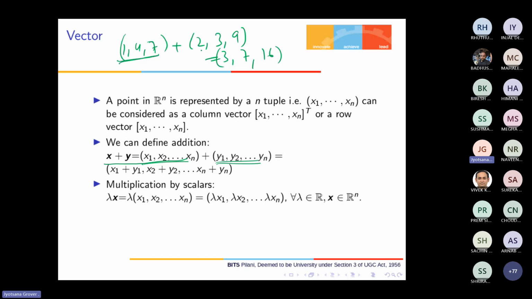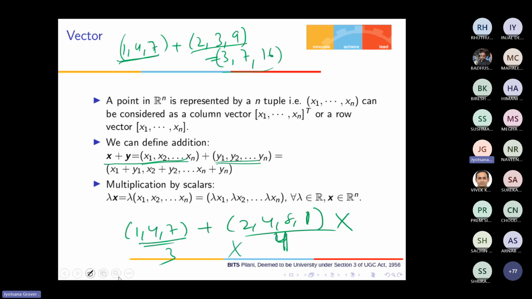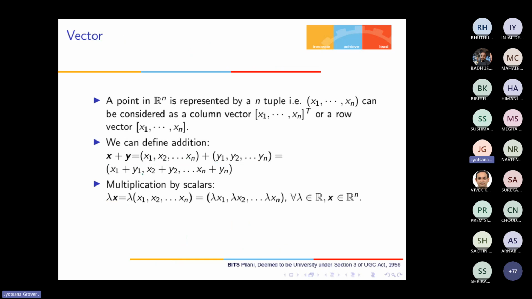So this has 3 and this has 3. If I add 1, 4, 7 plus another vector, can you add this? No, you cannot, because this has 4 components and this has just 3 components. Both should have the same number of components.